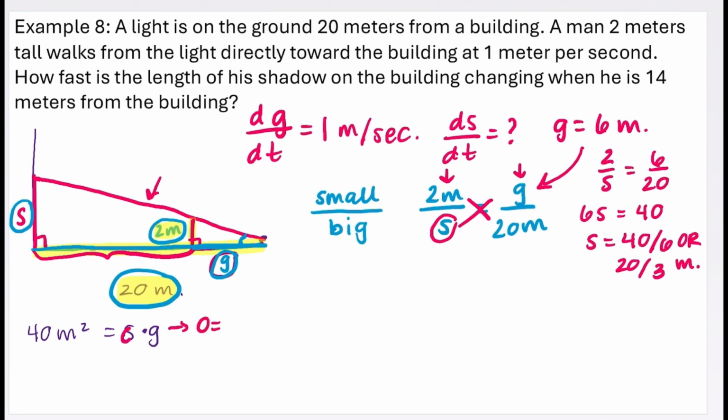And then I'm going to have to do a product rule on the S and the G. So I'll have 0 equals derivative of S, which is just ds dt, times G, plus the derivative, or just leave S and then multiply by the derivative of G, which would be dg over dt.